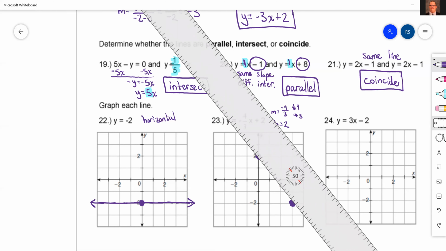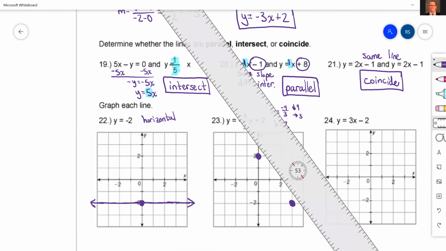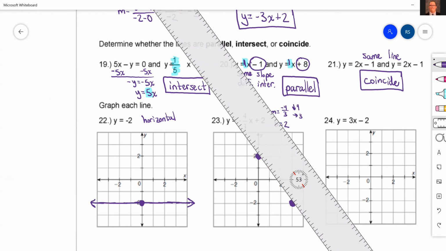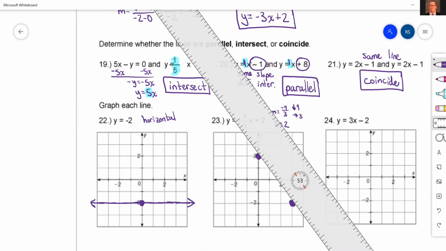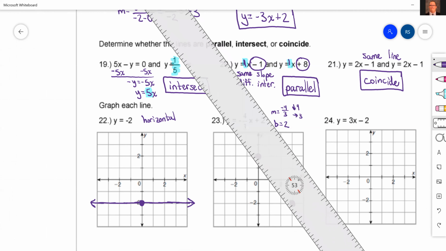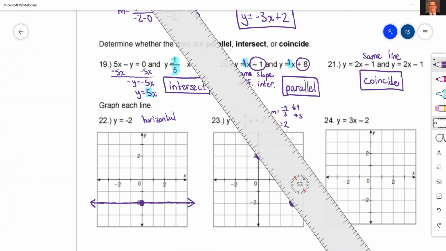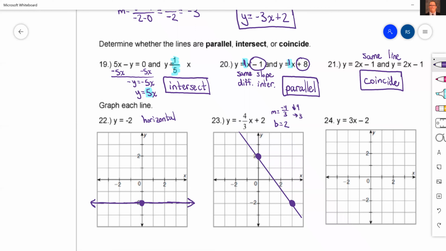Let me get my ruler here. And then draw me my line. There's our line.